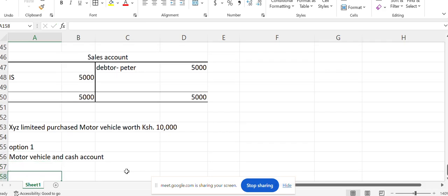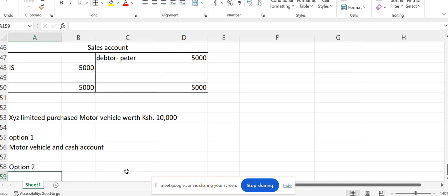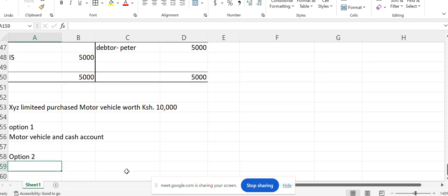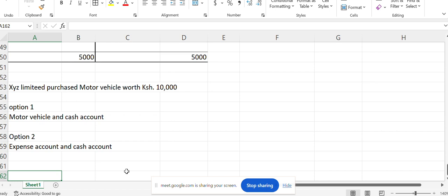Option two, I'm going to go with expense account and cash account. How many of you say option one, and how many of you say option two?